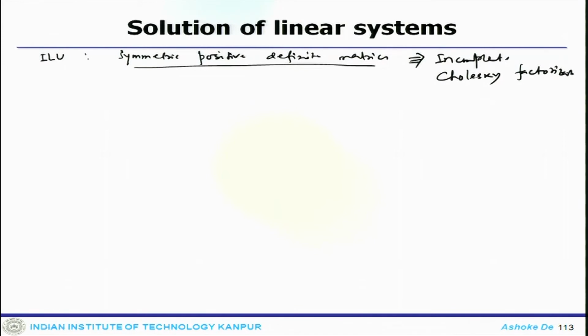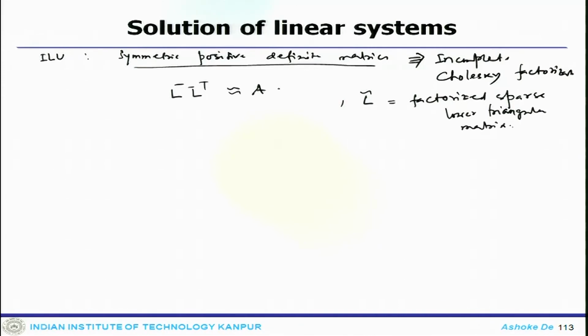In this case, the factorization is done such that L bar L bar transpose equals A, where L bar is the factorized sparse lower triangular matrix, and the preconditioner is given as P equals L bar L bar transpose, approximately equal to A, where P is the preconditioning matrix.